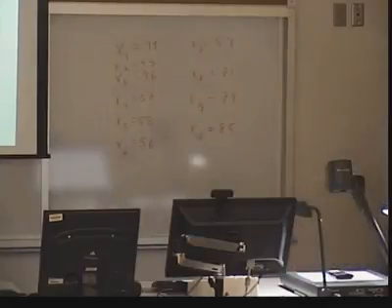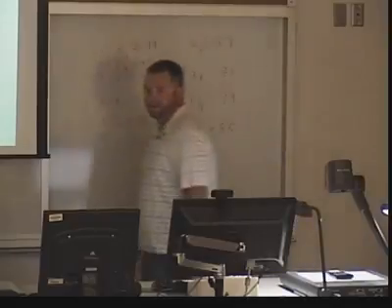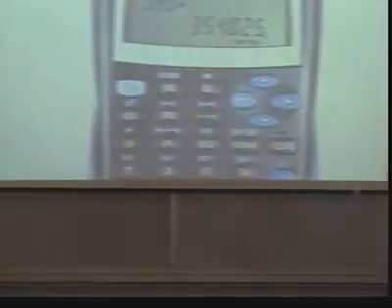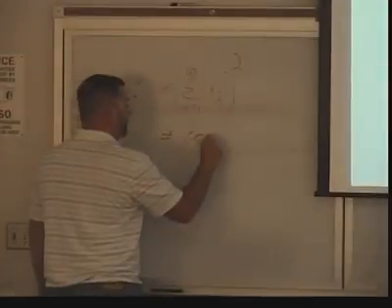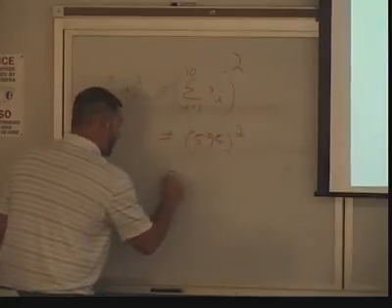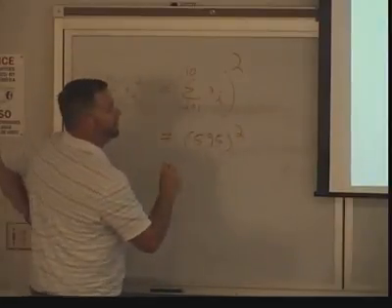Huge number. 354,025. That's the sum of x squared. That's this value. Right? So the sum of our x's squared, so that's not equal to 595 squared, which is not equal to what? 354.